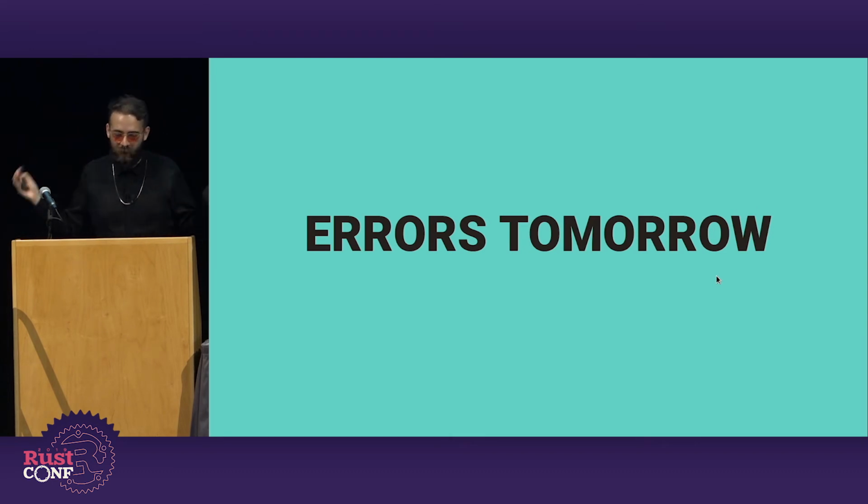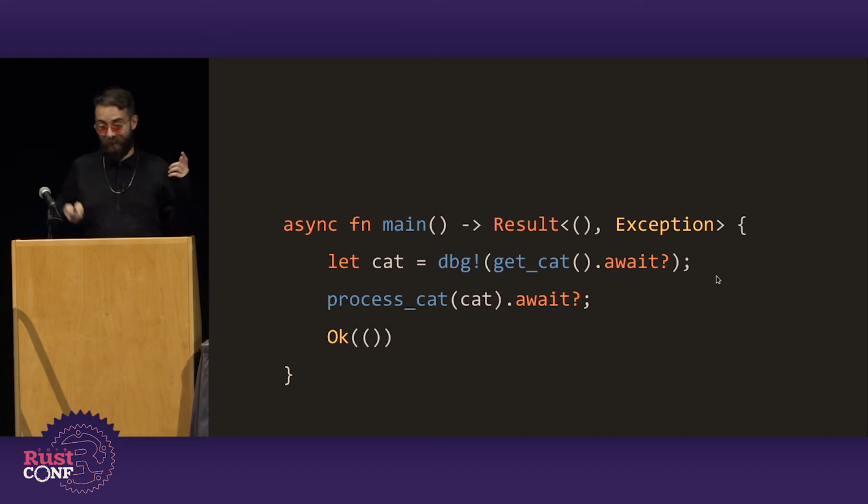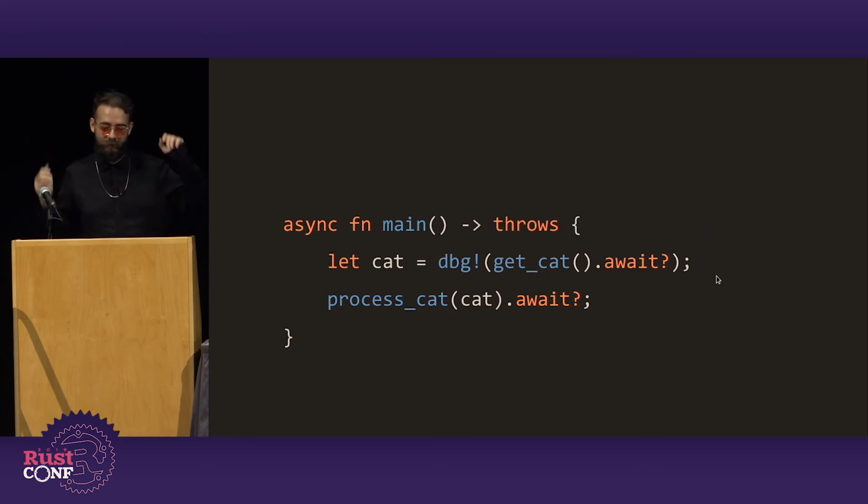So in the errors of tomorrow, what would be nice is if we could get rid of this. If we can also get rid of this, a way to do this might be to have a type std Error exception, but we don't. Instead, what we're proposing is throws. Right?